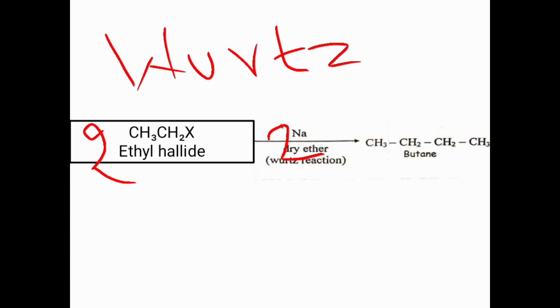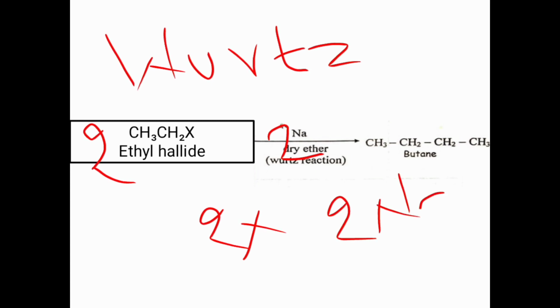The 2 halides, that is 2X, will combine with 2 Na, and the remaining 2 ethyls, that is 2 alkyl groups, will combine together to form a longer chain alkane.